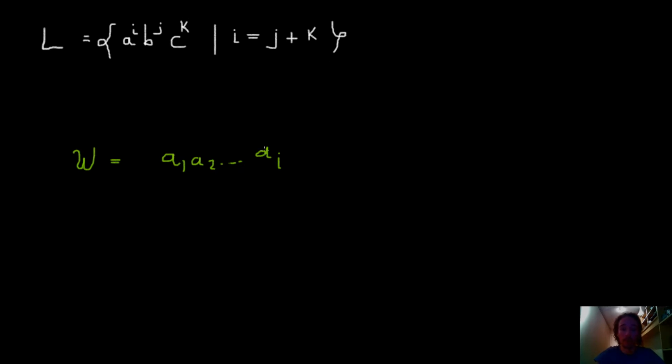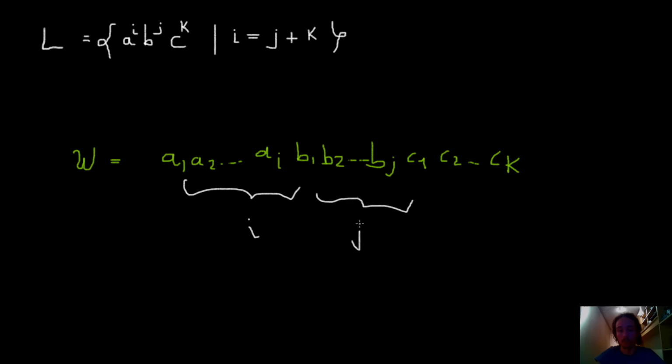So we have a number i of a's, then we have b1, for instance, b2. We can also have 0 b's, up to j b's, and finally we have c1, c2, until k c's, right? So we have a total of i a's, j b's, and k c's.